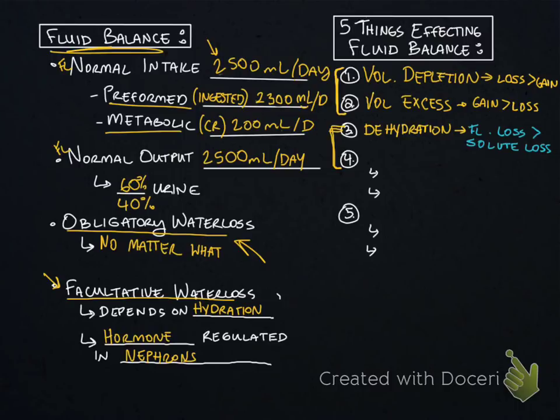Okay, so imagine when fluid loss is greater than solute loss. So what's going to happen to our blood? Yeah, concentration is going to go way up. The osmolarity is going to go way up with the dehydration. What's something that could lead to dehydration? Excessive sweating, yeah, where you're losing a lot of fluid but not losing the solutes, right?